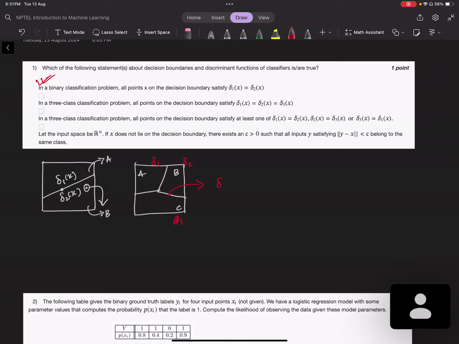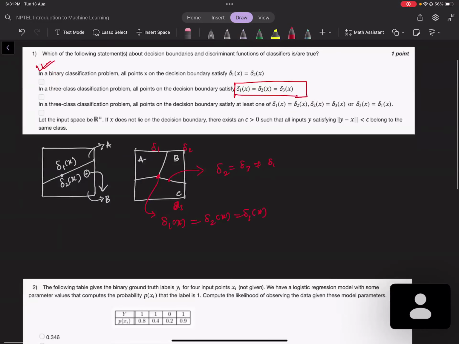So for this point, delta 2 will be equal to delta 3. It will not be equal to delta 1. So this equality will hold only for this point. At this point, delta 1 of x will be equal to delta 2 of x will be equal to delta 3 of x. Okay. So B will be incorrect because this is not true for all the points. This is true for one point.